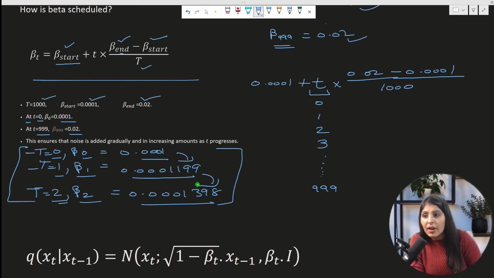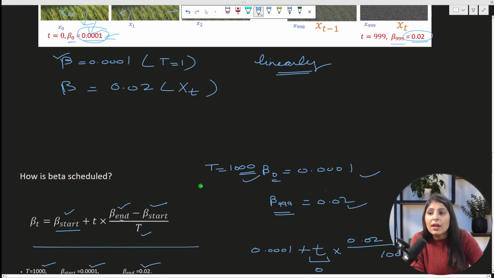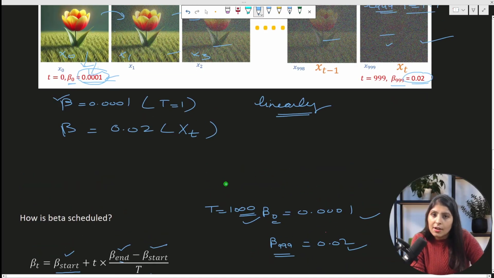Okay. And finally, at the last time step, you will get the value of beta 0.02. So at each time step, the value of beta is different. So this is how the value of beta is scheduled.